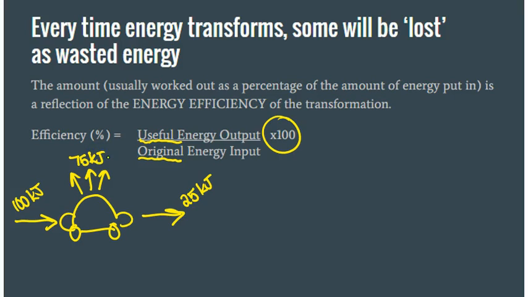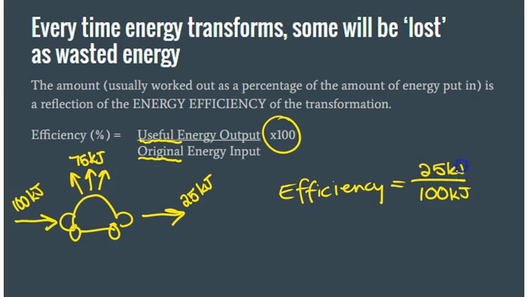If I want to calculate the efficiency of my car, then here is my calculation. My efficiency equals my useful energy output, which was 25 kilojoules, divided by my input, which was 100 kilojoules, times by 100 to turn it into a percent.